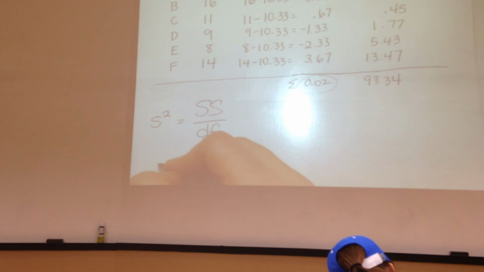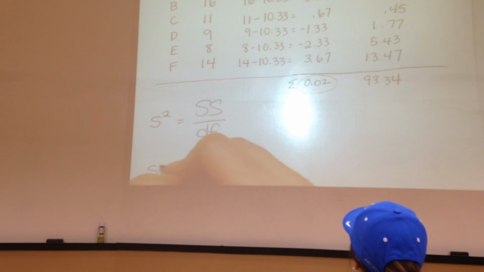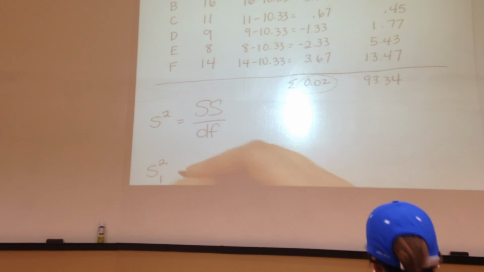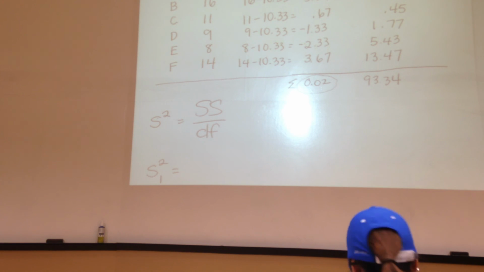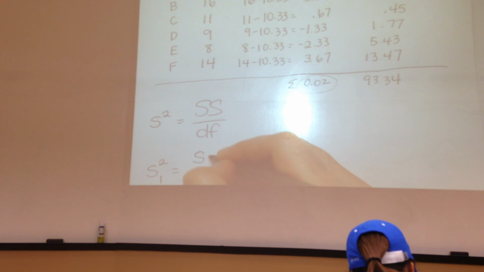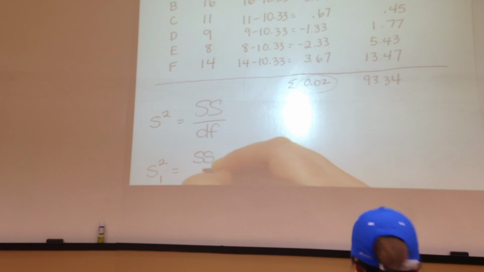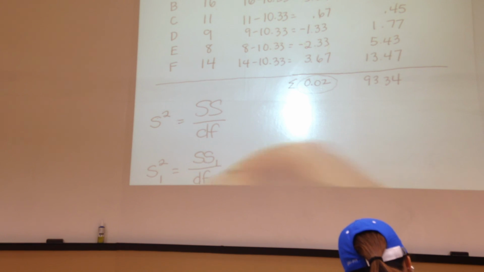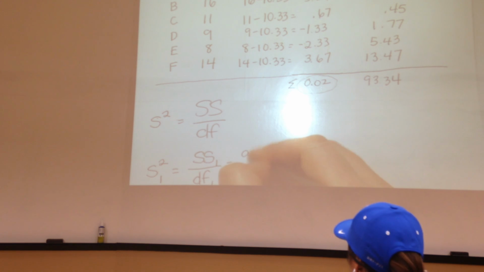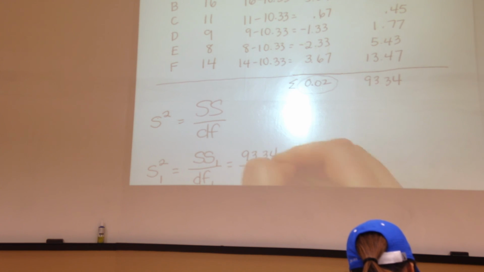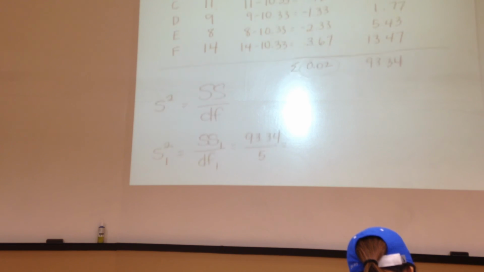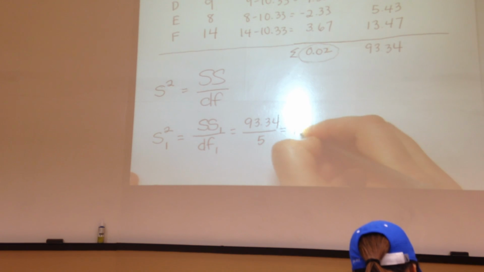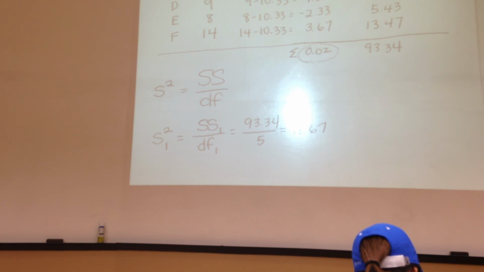If I'm trying to calculate the sample variance for sample 1, what is the formula going to be? The sum of squares for group 1 over the degrees of freedom for group 1, right? That makes sense. So that's going to be 93.34 over 5. And what is that? 18.67. Okay.